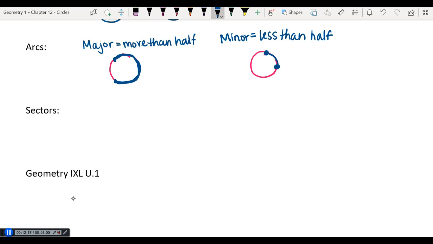A sector is like a piece of pizza or a piece of pie. It's a piece of it. So you're going to have a circle and it'll highlight a piece like that. There is one more vocab word that we need to cover, and that is central angle.